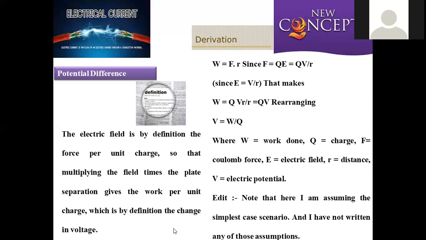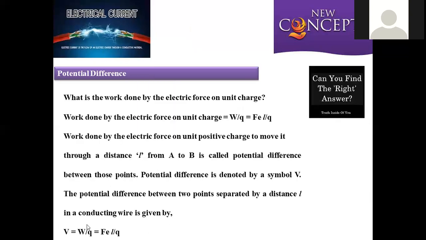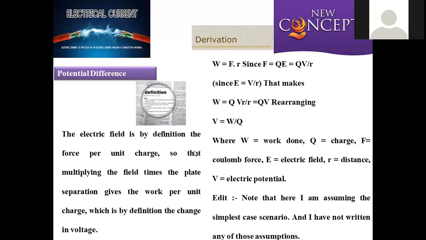Here, potential difference is also defined as a change in the voltage. Change in the potential is also denoted as change in the voltage. That is given by the formula, the ratio of work done by the electrical field on the unit positive charge. So this W by Q is simply denoted as the potential difference, right?